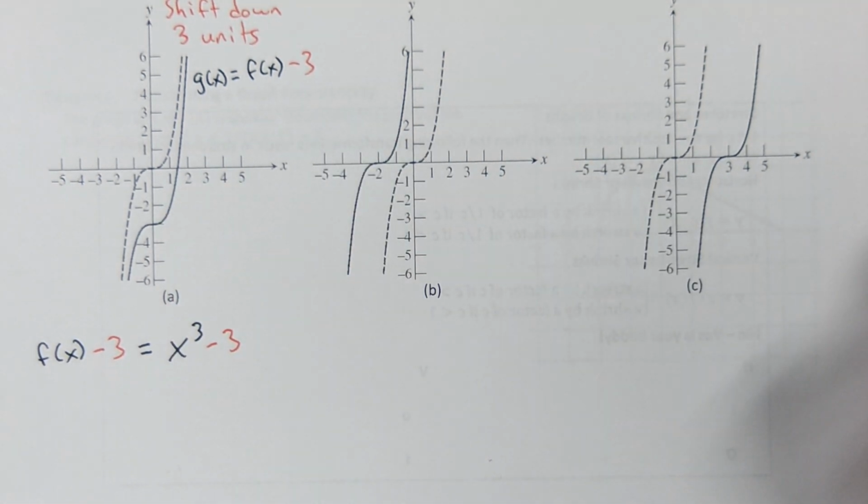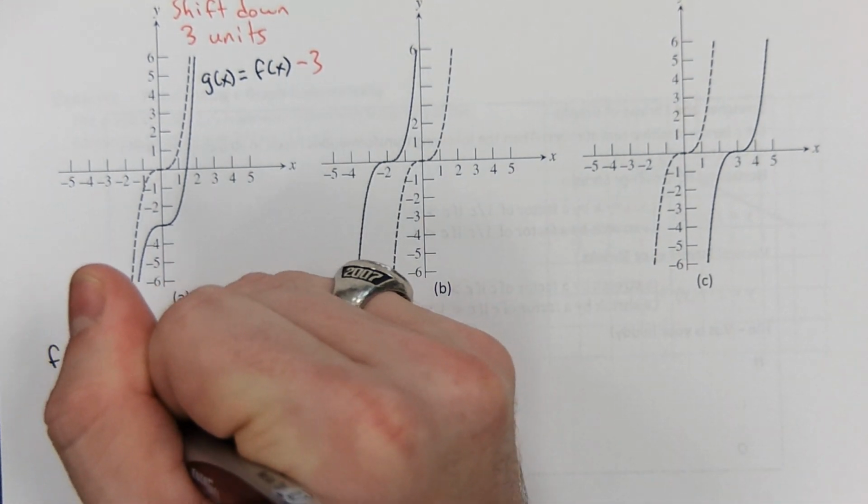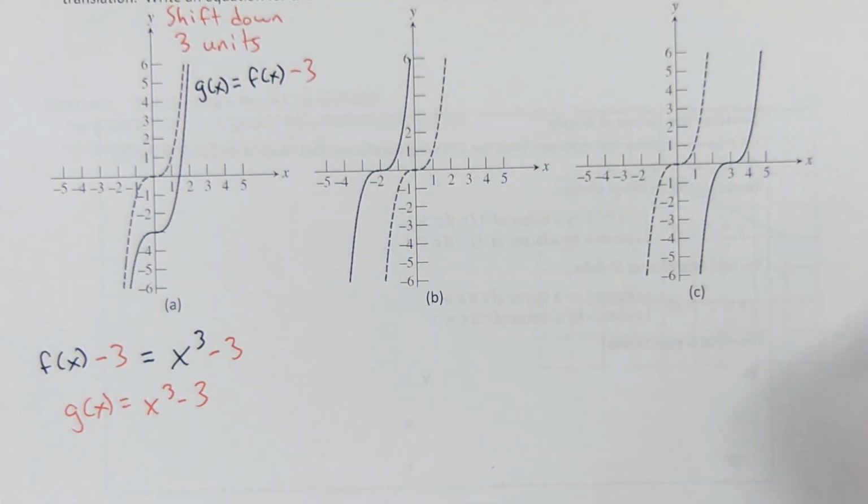And I think it's plainly obvious that the black graph is not the same as the dotted graph. So it needs a new name. Here's its description. Here's its name. G of x is x to the third minus 3. Just like that.